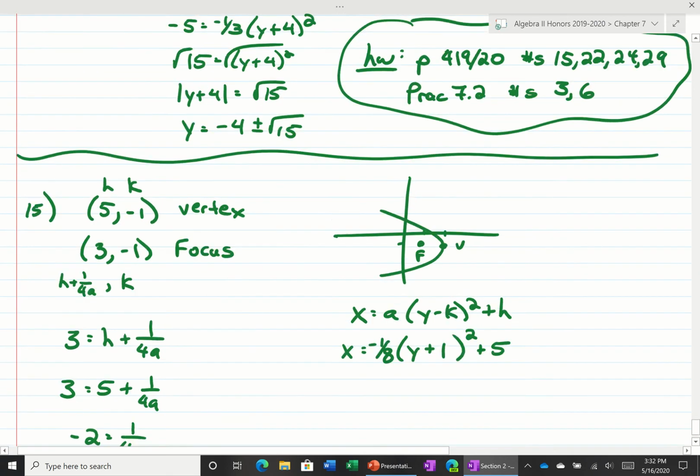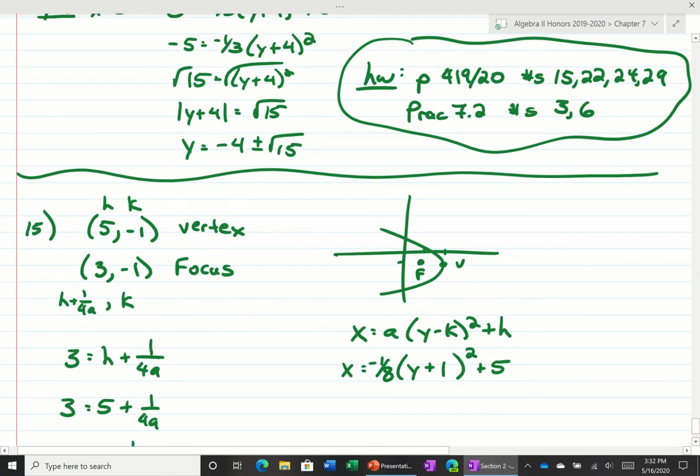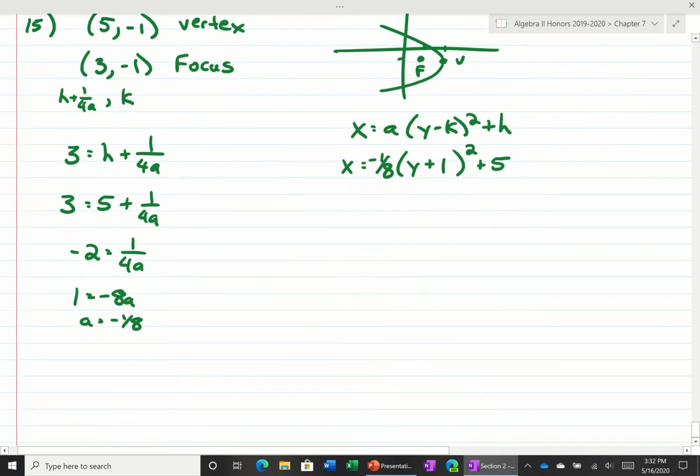That was number 15. So now let's go on to 22. 22, 24, those are pretty much the same thing, and 29. Okay, so of those, we'll do 24 and 29.